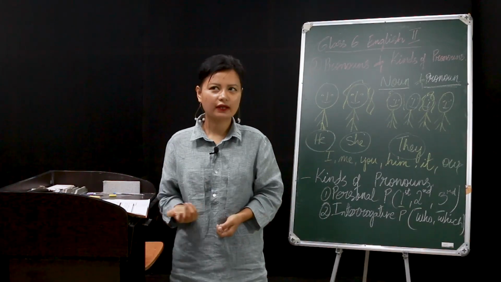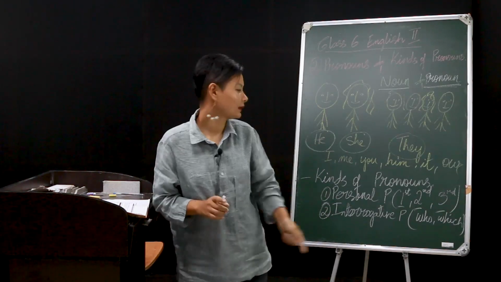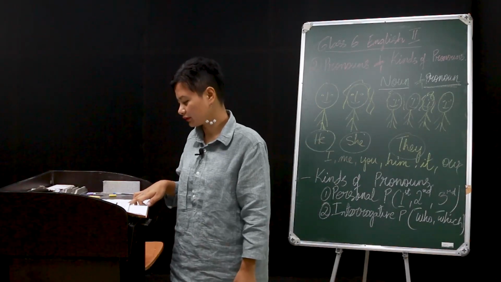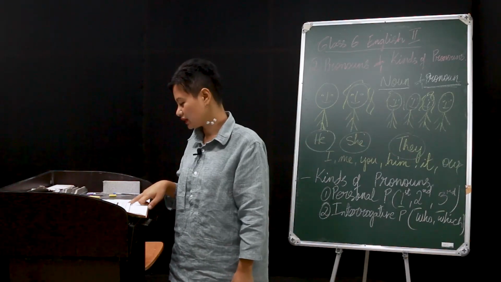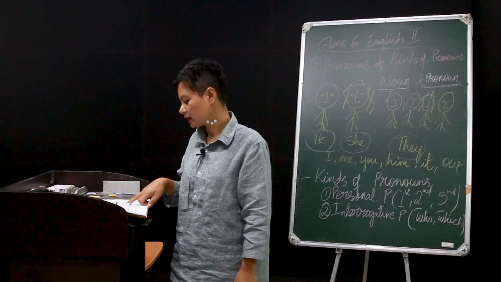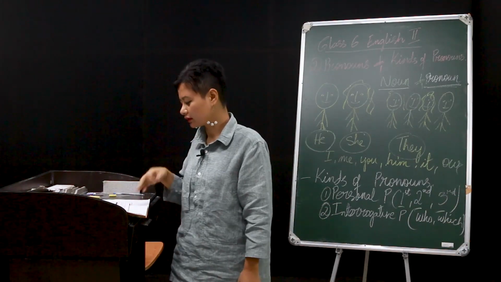Sometimes, even if that person is not there, we speak of that person, right? So that is third person. So what are the examples of third person? He, she, it, him, his, her, its, they, them. So all these are third person.